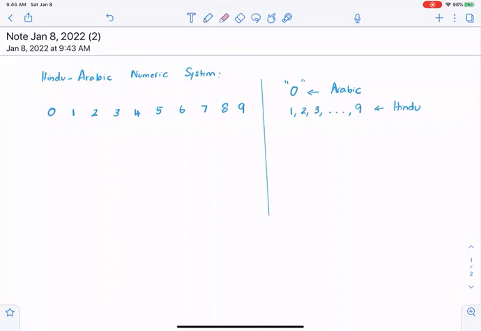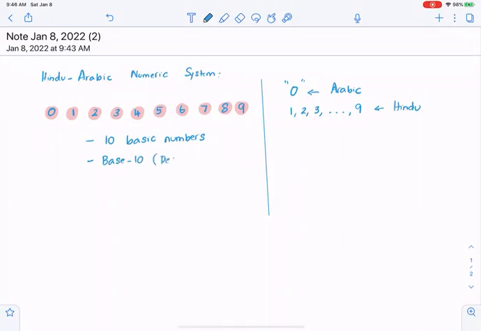If you count 1, 2, 3, 4, 5, 6, 7, 8, 9, 10, there are 10 basic numbers. Easier way to remember is base 10. A fancier name for this would be the decimal base.